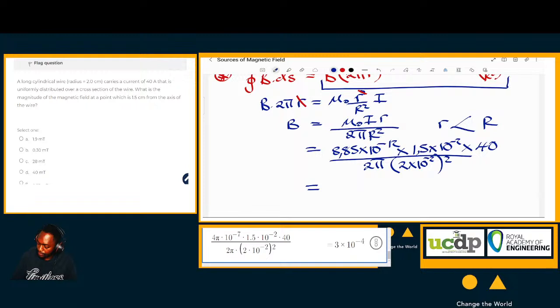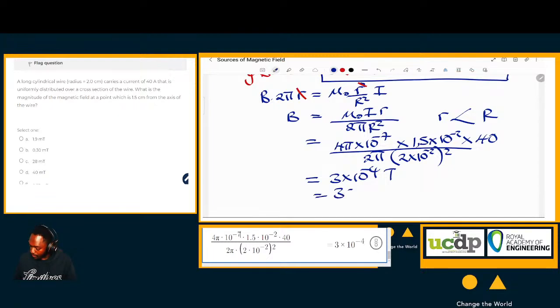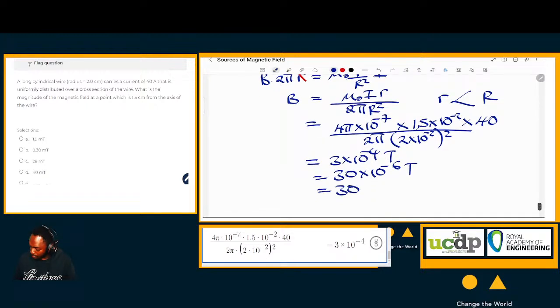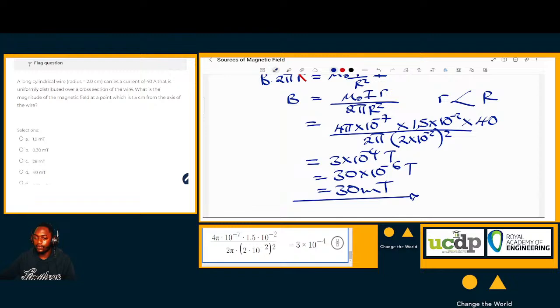Yeah, that is my mistake there. Otherwise, that's 3 times 10 to the negative 4 Teslas, which is the equivalent of 30 times 10 to the negative 6 Tesla, which is 30 millitesla. Right, I hope you also get that when you punch that.